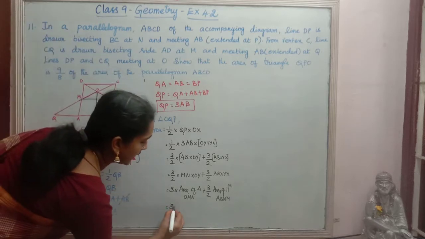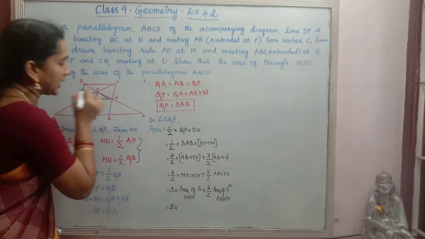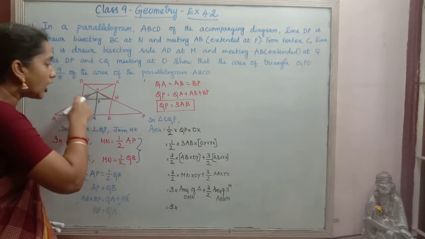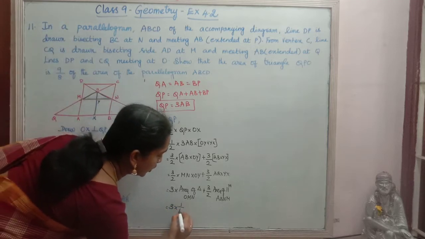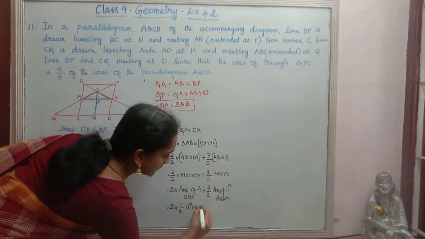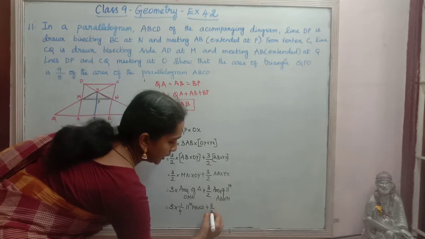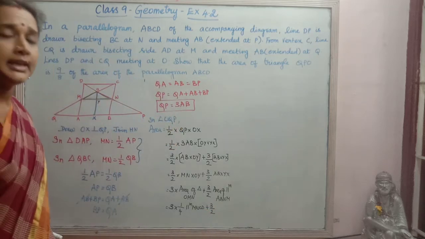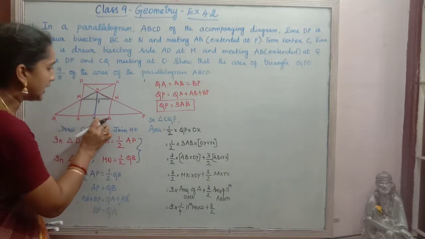So this smaller part is 1/4 of the parallelogram MNCD. This is OMN, plus 3 by 2 into the area of the parallelogram ABNM.